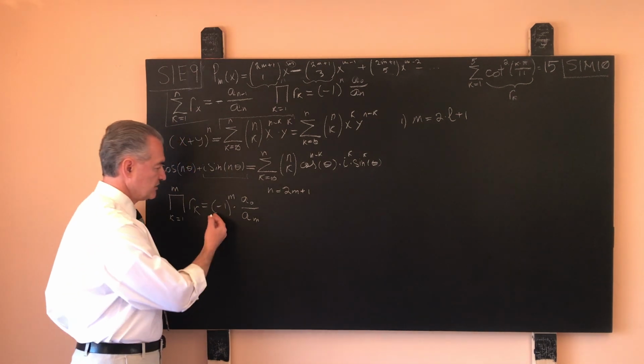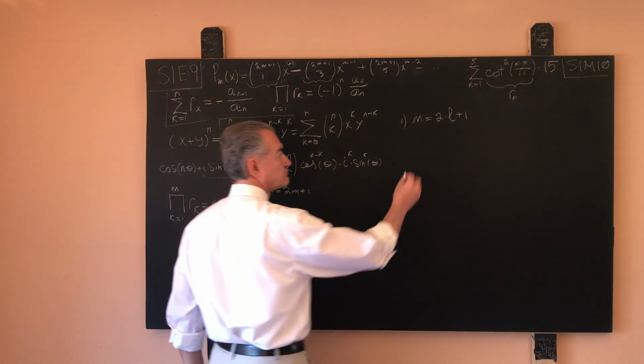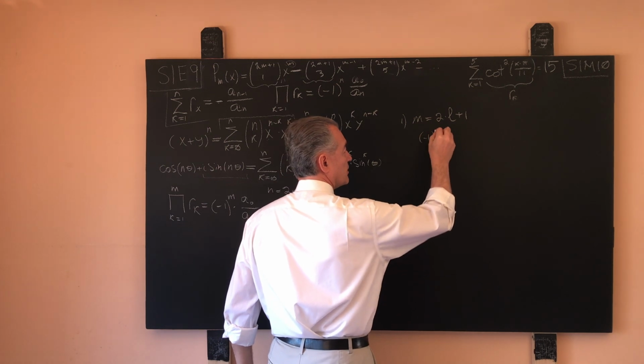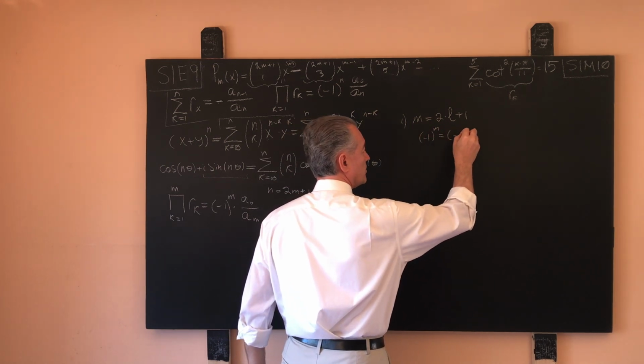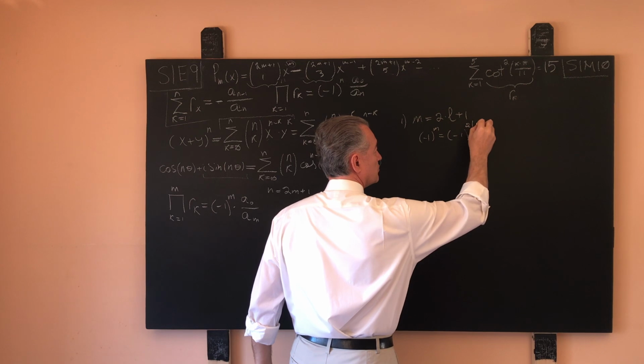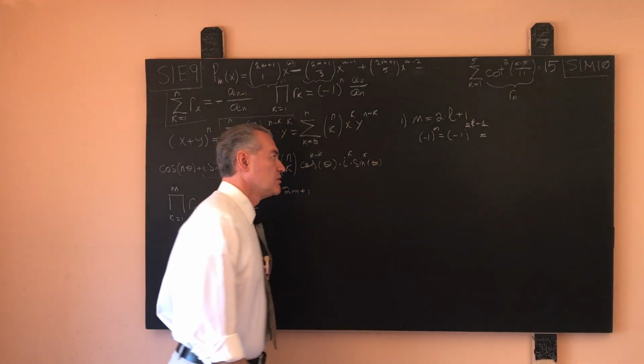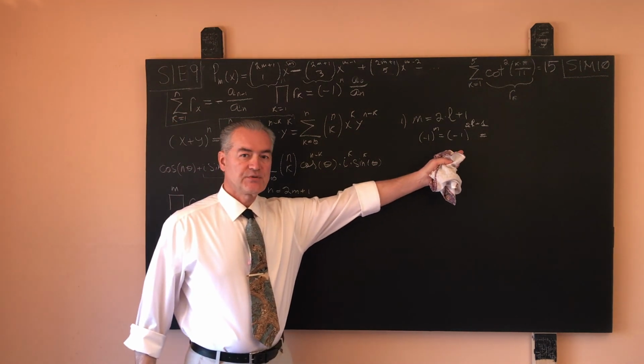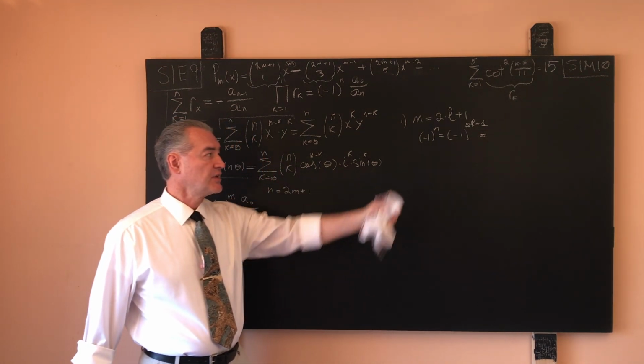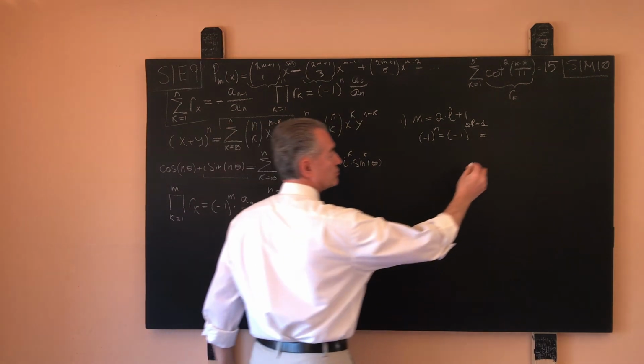Well, in that case, -1 raised to the power of m, which is 2l plus 1, will collapse into -1.